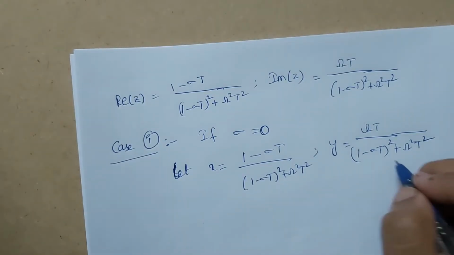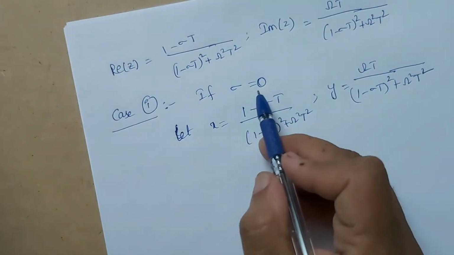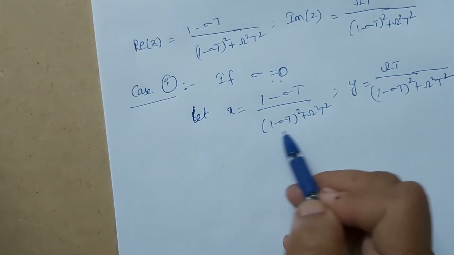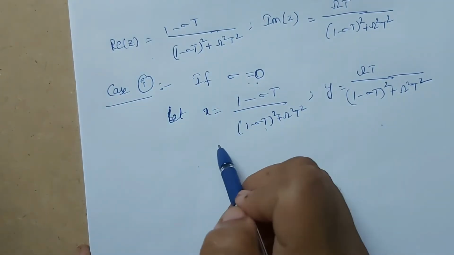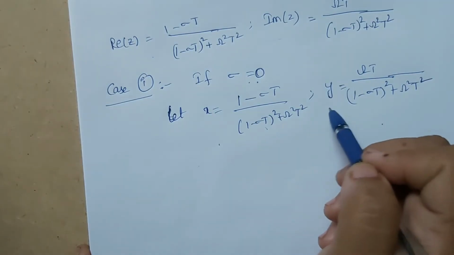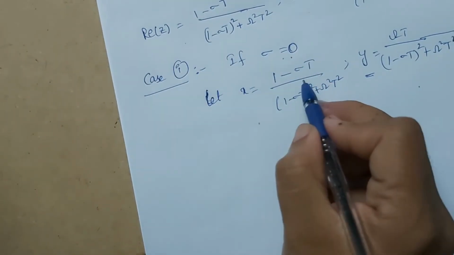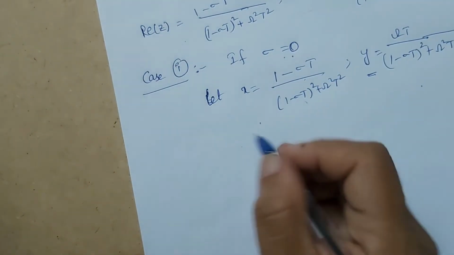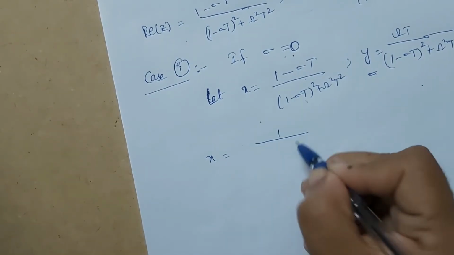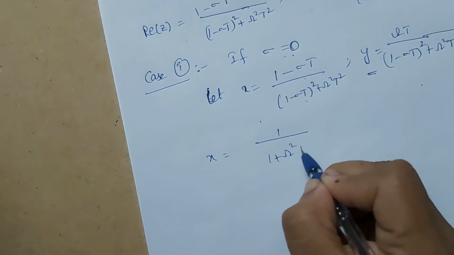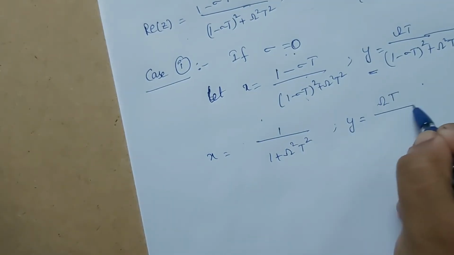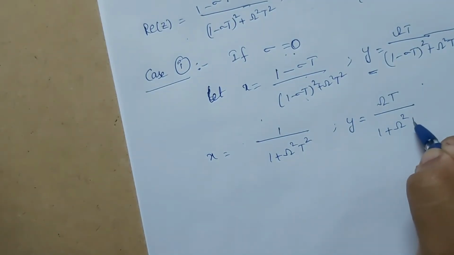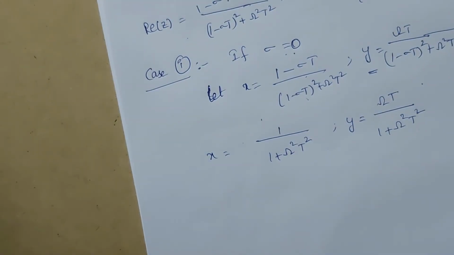I am taking the real part of z as x and the imaginary part of z as y. If you substitute sigma is equal to 0, x is equal to 1 by 1 plus omega square T square, and y is equal to omega T divided by 1 plus omega square T square.